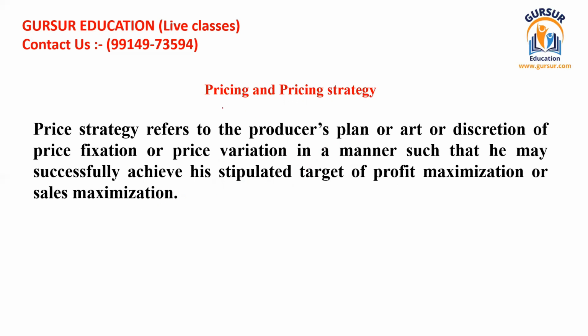When we talk about pricing and pricing strategy, we basically mean a plan for price fixation for the selling of a product, so that profit maximization and sales maximization is achieved. Pricing simply means to price a product, and pricing strategy means the producer's plan to decide or fix the price.